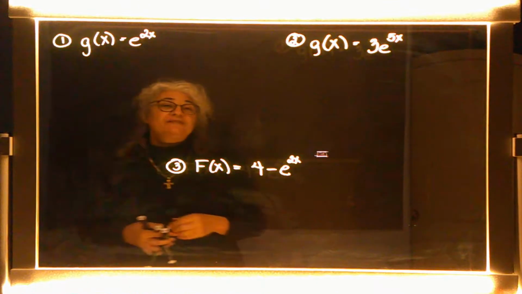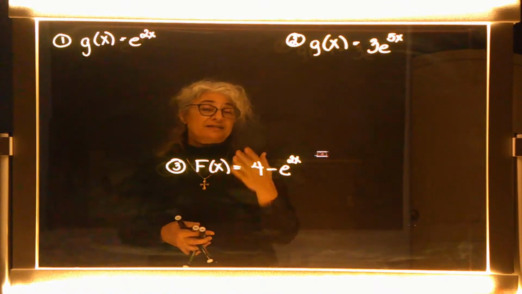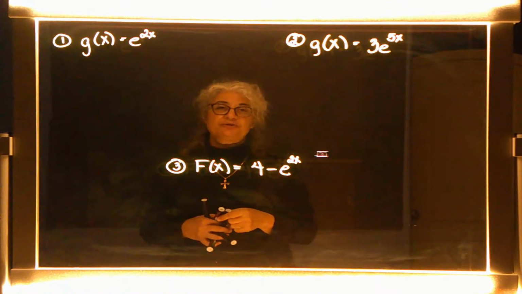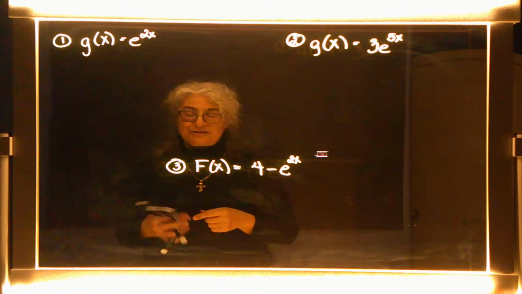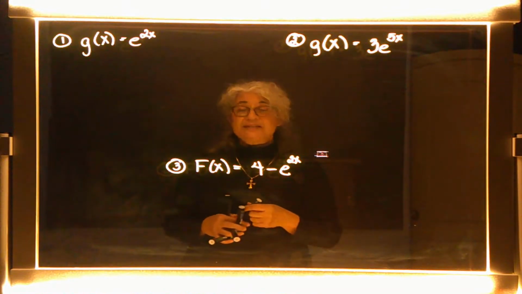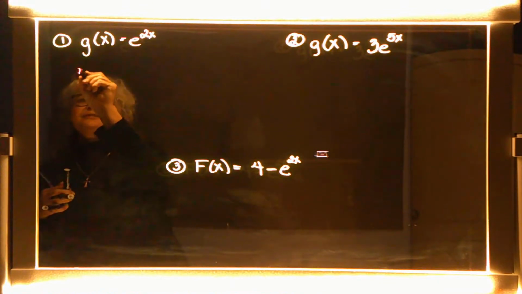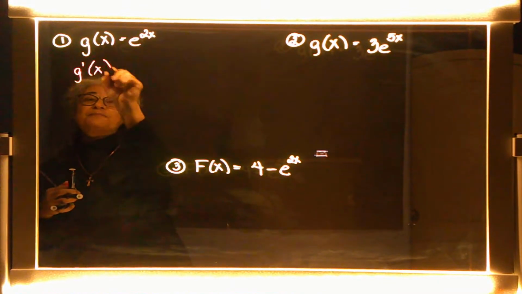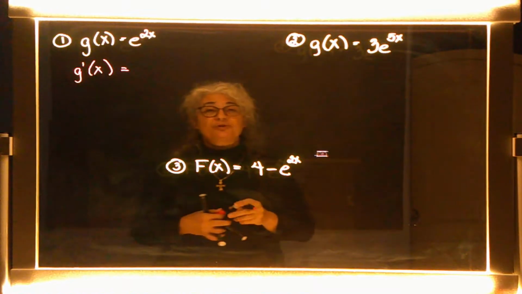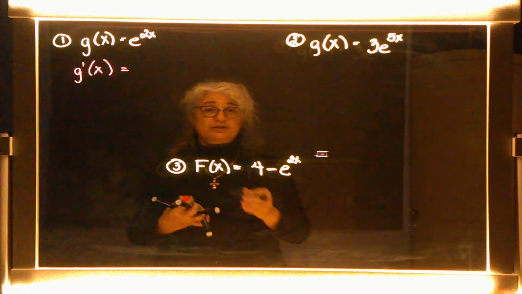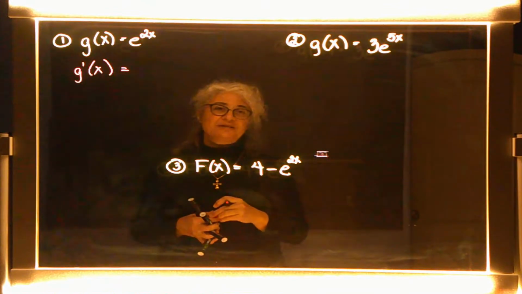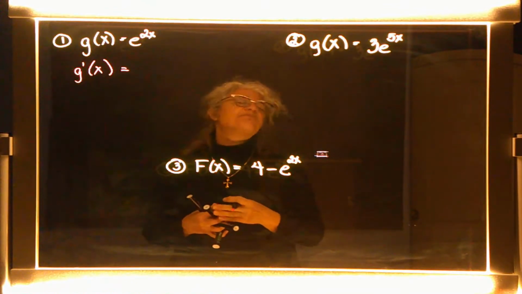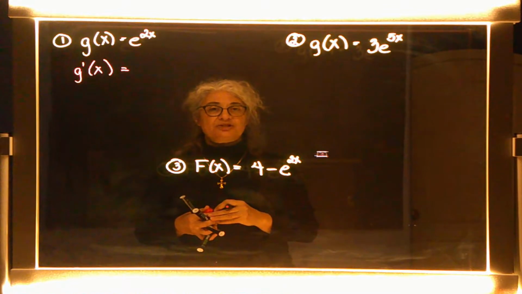They've given us g of x, and they're asking us to take the derivative. You're like, where are the directions? I'm verbally telling you the directions. They're asking us to take the derivative. So we need to take the derivative of g of x. Now, in this particular case, g of x is an exponential function, right? So we had two theorems just a few minutes ago, and you're like, well, which one do I use? Here's going to be my recommendation.